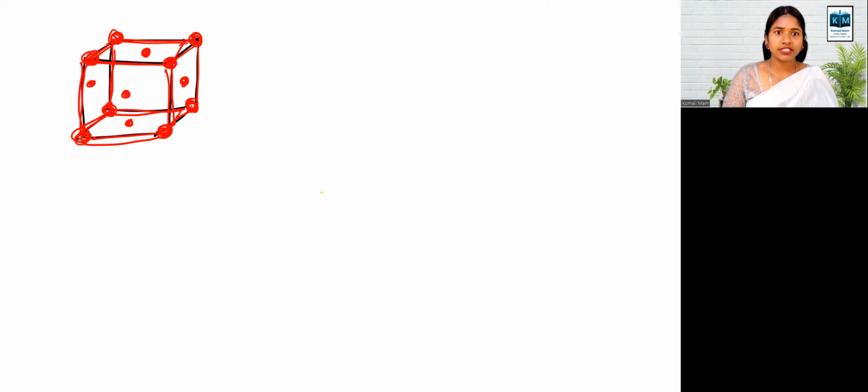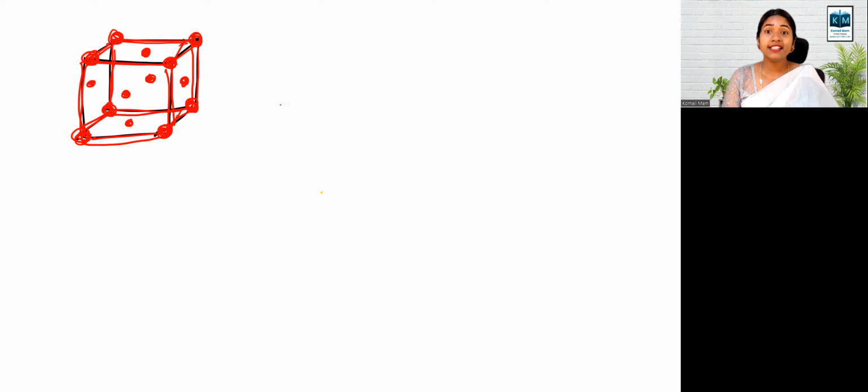Again, see, the back face I'm drawing, back face center. In your room, where you are sitting, your left side will have one wall, right side one wall, back side one wall, front side one wall, top one roof, down one floor. So left wall center, right wall center, back wall center, front wall center, roof center, down center. So total 8 corners and 6 face centers.